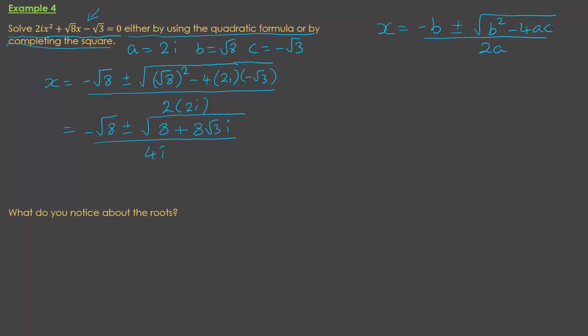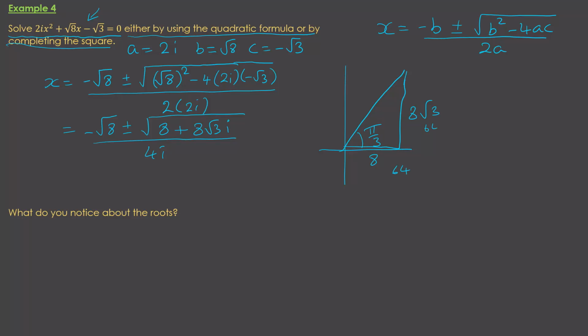So we need to think about 8 plus 8 root 3i. That's a complex number in the first quadrant. This is 8 root 3. That means that this would be pi by 3 radians. And 8 squared is 64.